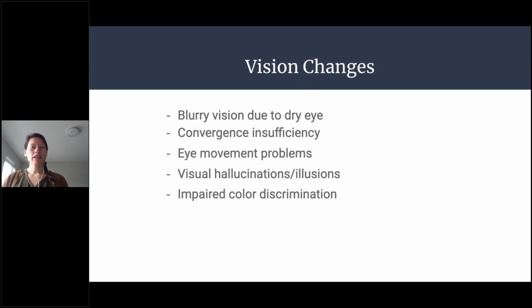But if they aren't talking to each other and doing the exact same thing at the same time, that can cause some double vision, and that's part of the eye movement problems. We already talked a little bit about visual hallucinations and illusions. And then some patients can have impaired color discrimination, so things just don't quite look as sharp.